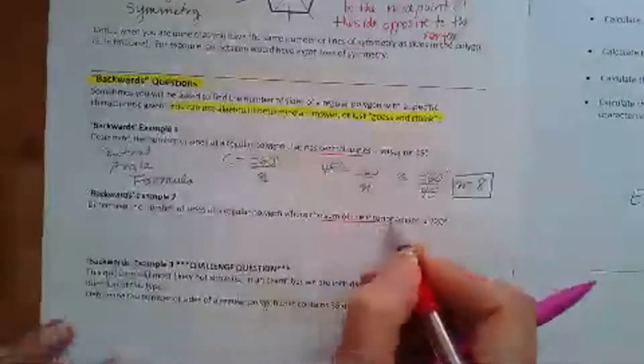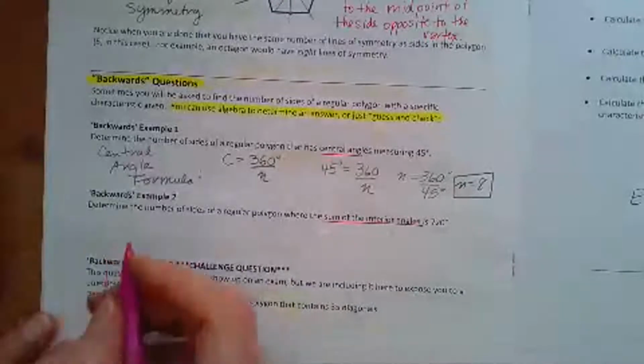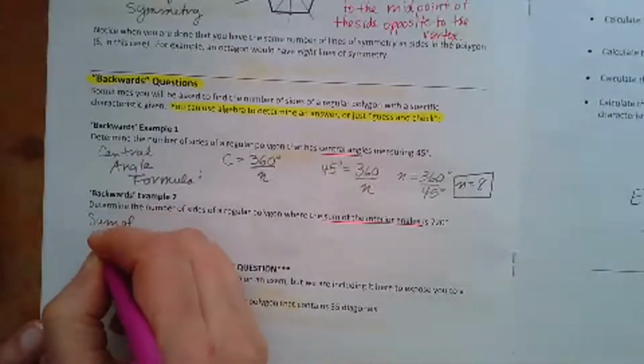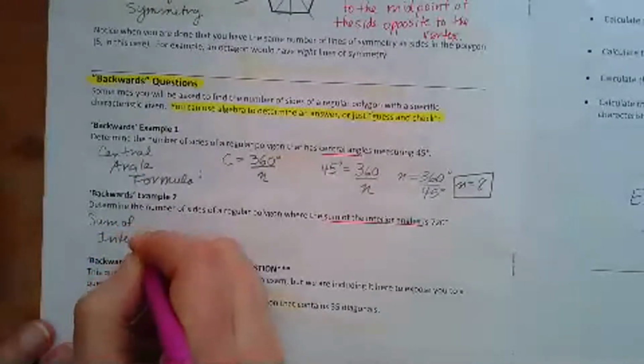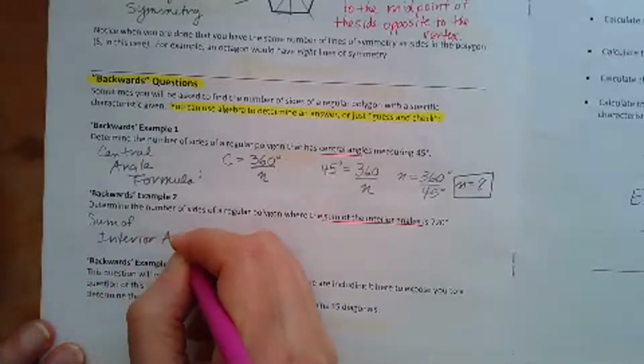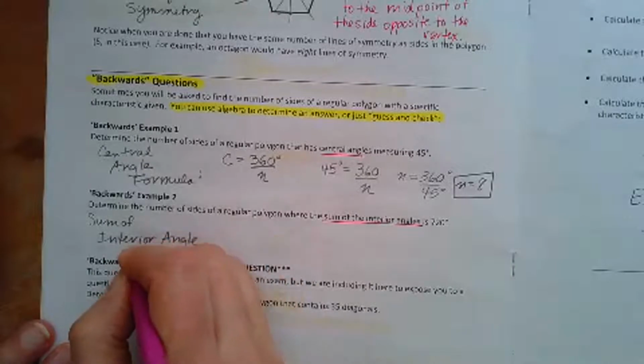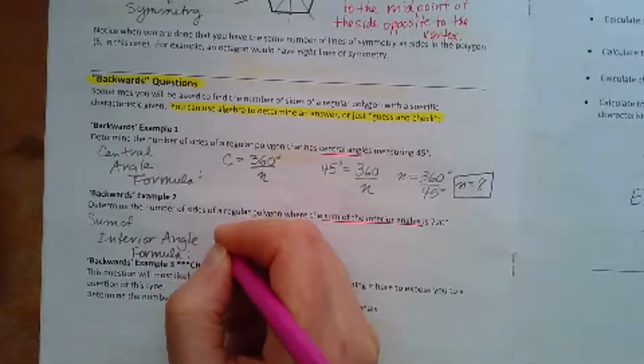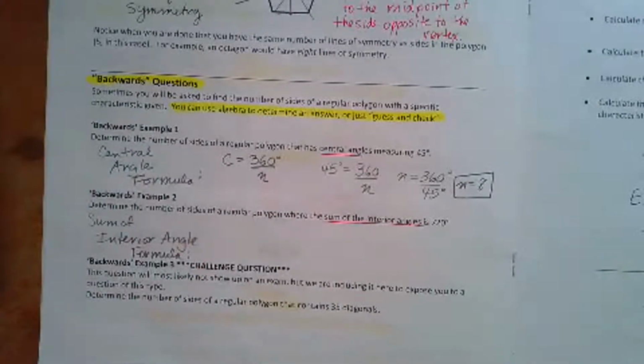What about number 2? Determine the number of sides of a regular polygon where the sum of the interior angles is 720. All right, so this is the formula we're looking for, the sum of interior angles formula. I always record my formula in my workspace, okay?